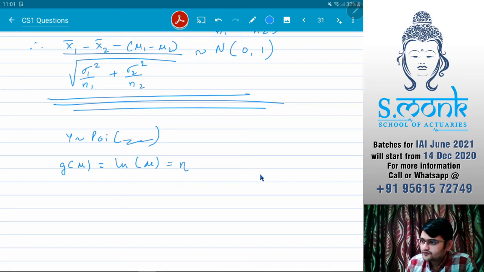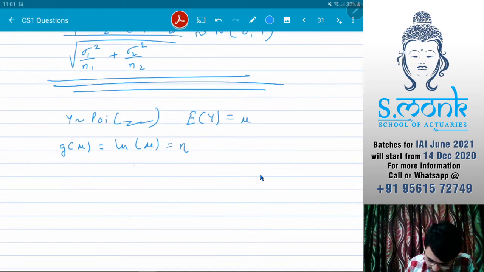Now here, if you want to figure out how much a particular factor or variable is affecting your response, our expected value of y is nothing but mu. So the relationship that we would want would be in terms of mu.